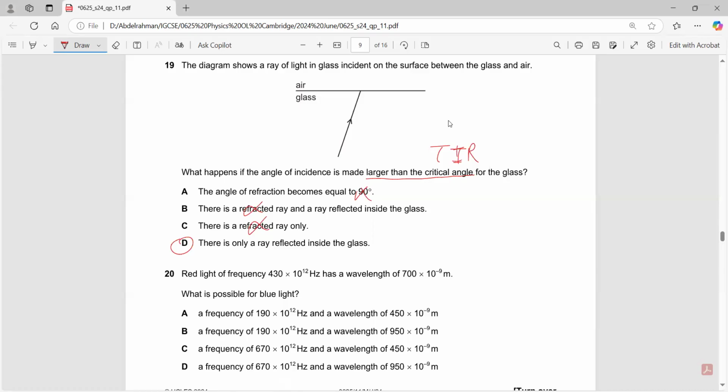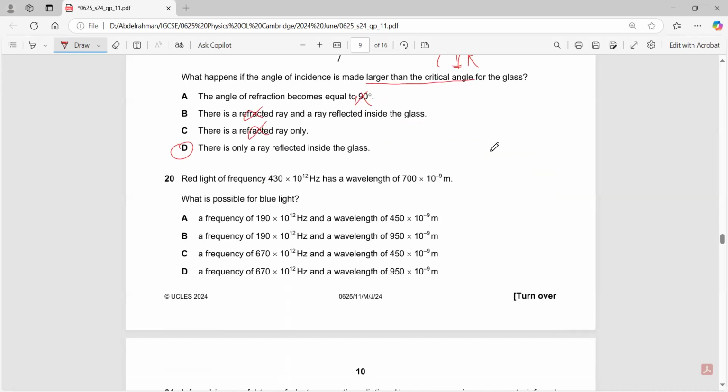Total internal reflection. Red light of frequency 430 hertz has a wavelength of 700 times 10 to the negative 9 meters. What is possible for blue light? If we write them down, ROYGBIV.